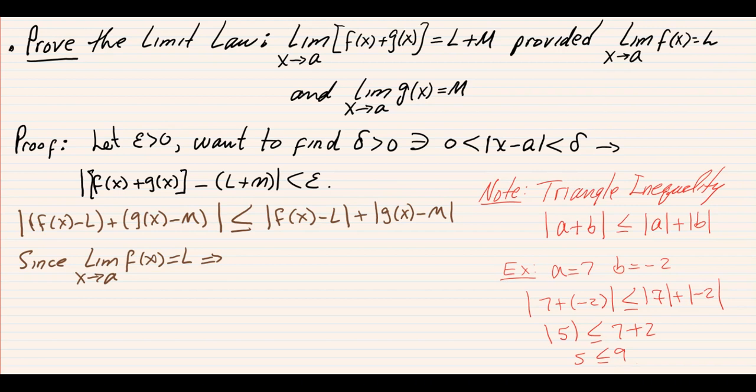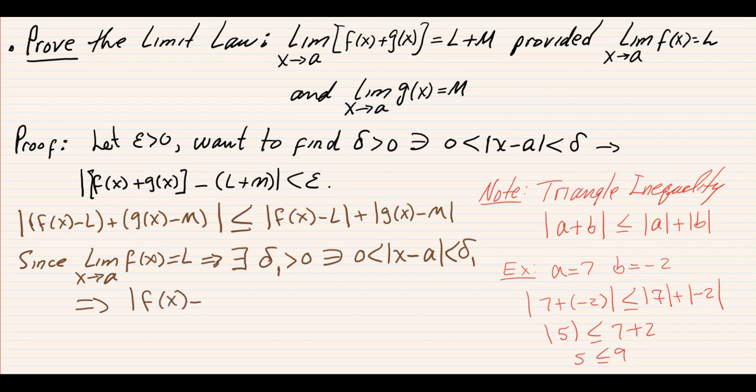That means there exists a positive delta, call it delta 1 for now because this is for the first function, such that the absolute value of x minus a less than delta 1 implies that the absolute value of f of x minus L is less than epsilon.